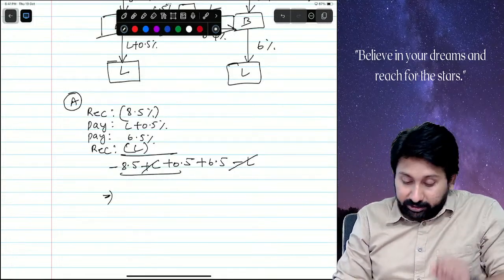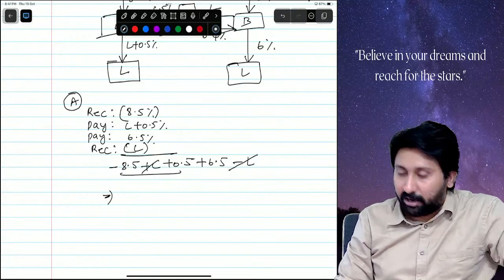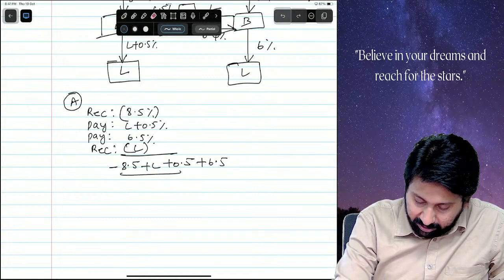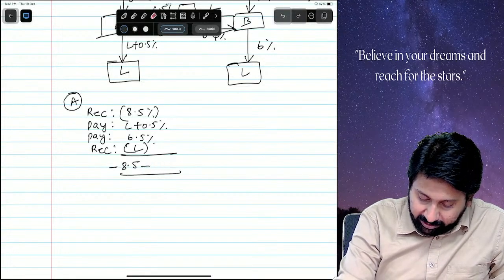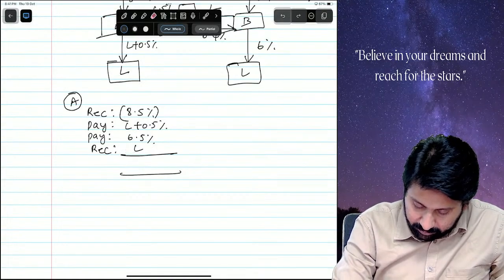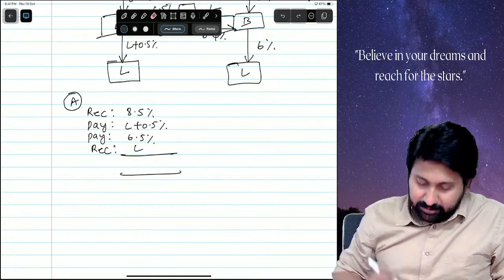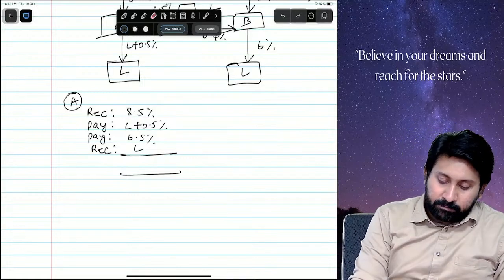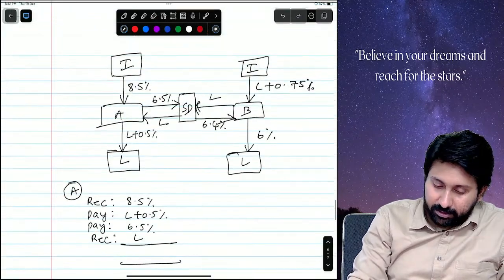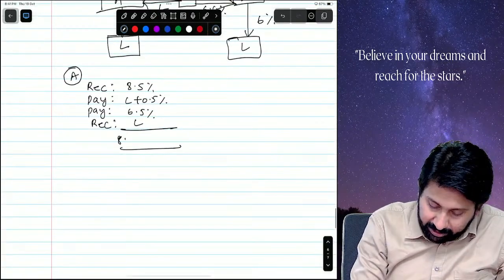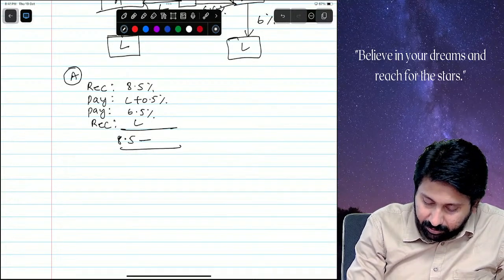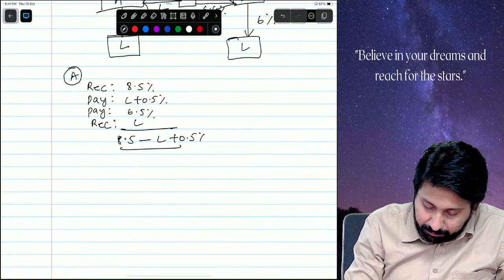Understood the point? So technically, as an interest rate, how do we have to see this? As an interest rate, how does it look? LIBOR. See like this. Am I receiving or paying? First one, receiving or paying? How much am I receiving, minus how much am I paying? LIBOR plus 0.5 I am paying.